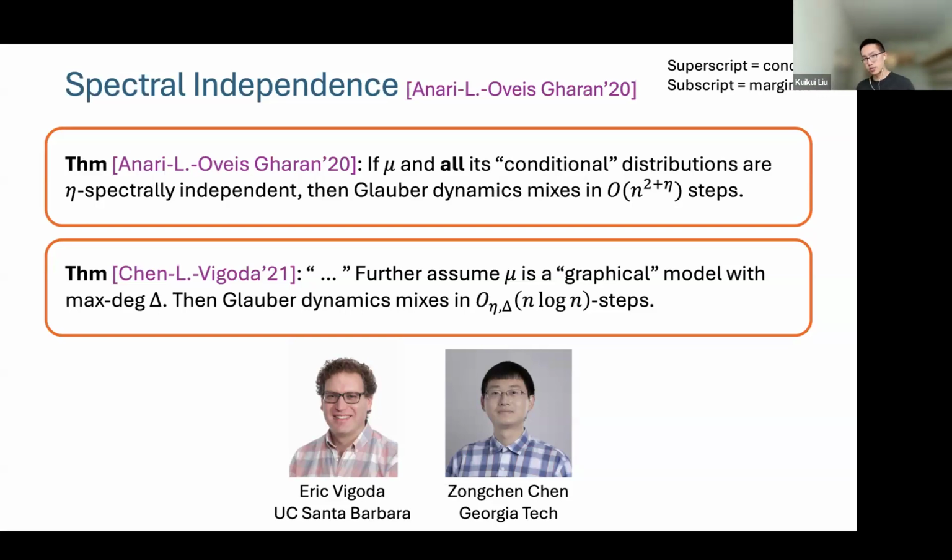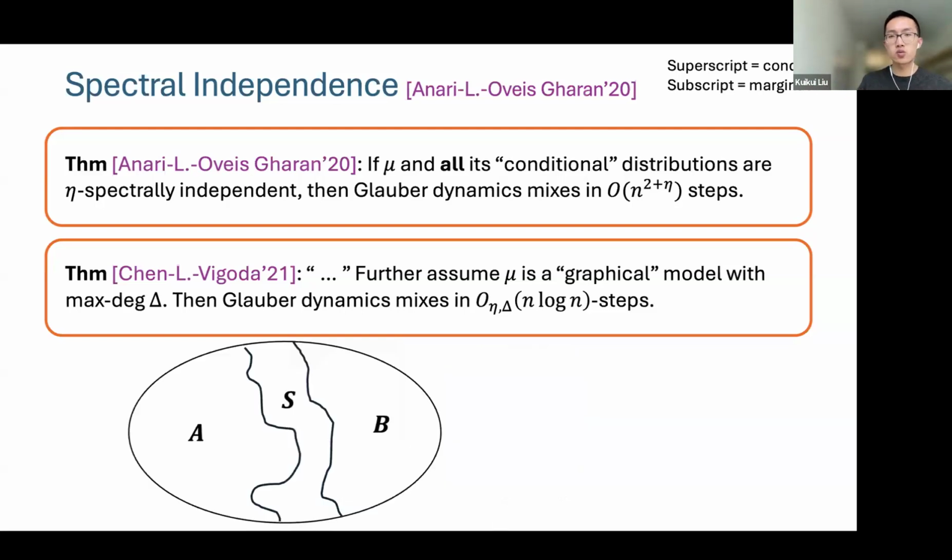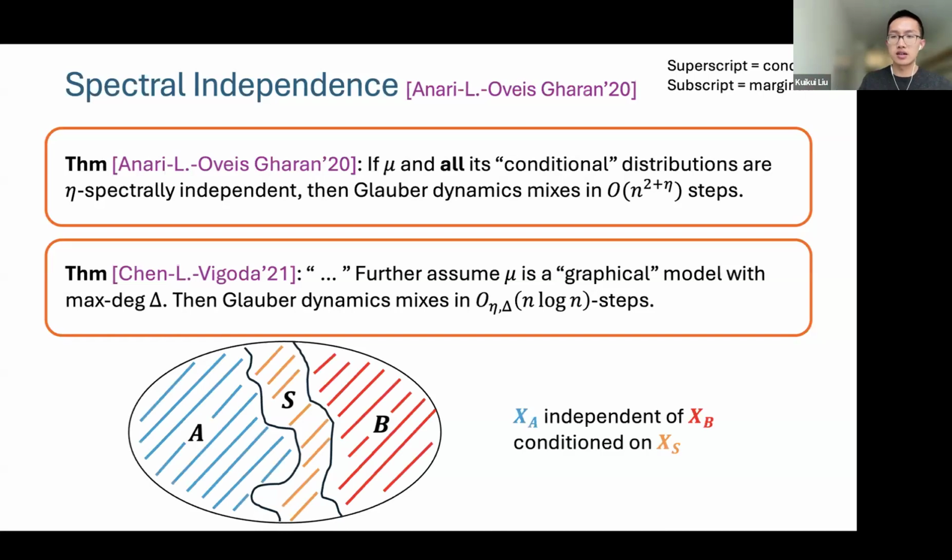So let me just explain very briefly at a high level what I mean by the distribution mu being a graphical model. Basically, I just want the distribution to be a distribution over assignments of colors to the vertices of some graph. And I want this distribution to satisfy the following conditional independence property.